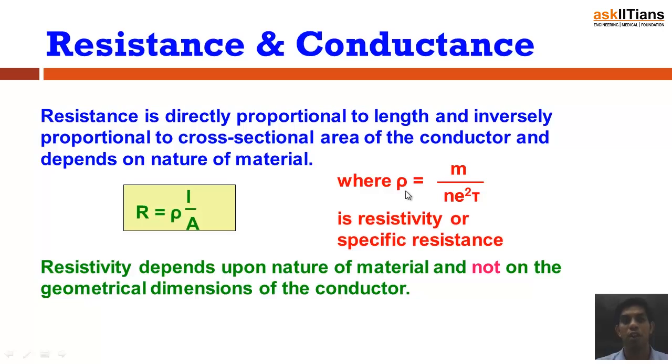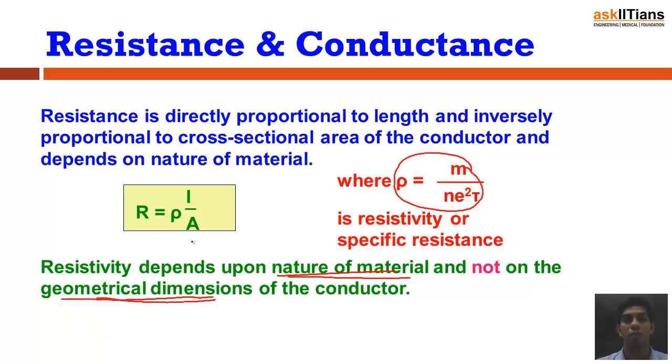So as a whole, resistivity becomes a property of the conductor. It only depends upon the nature of the material, provided the external factors are not tampered with, and not on the geometrical dimensions of the conductor.